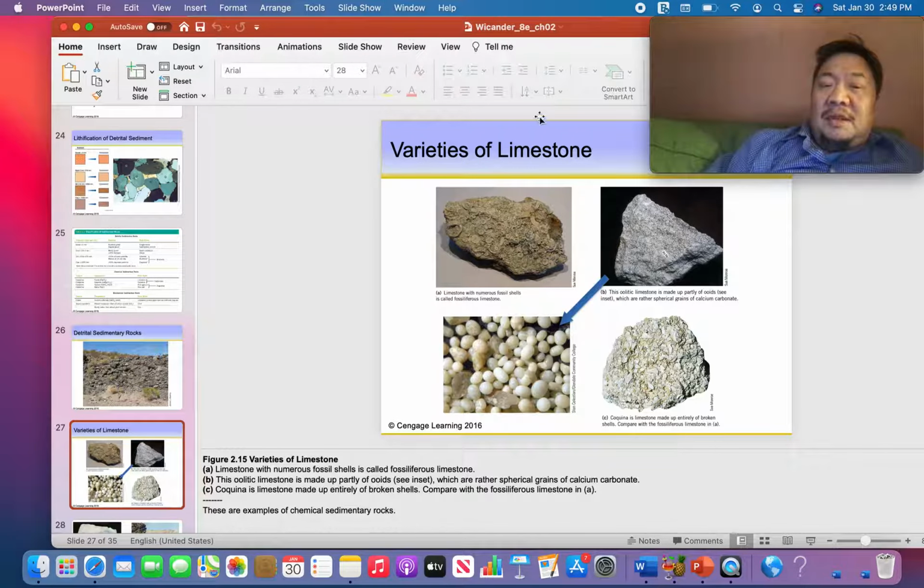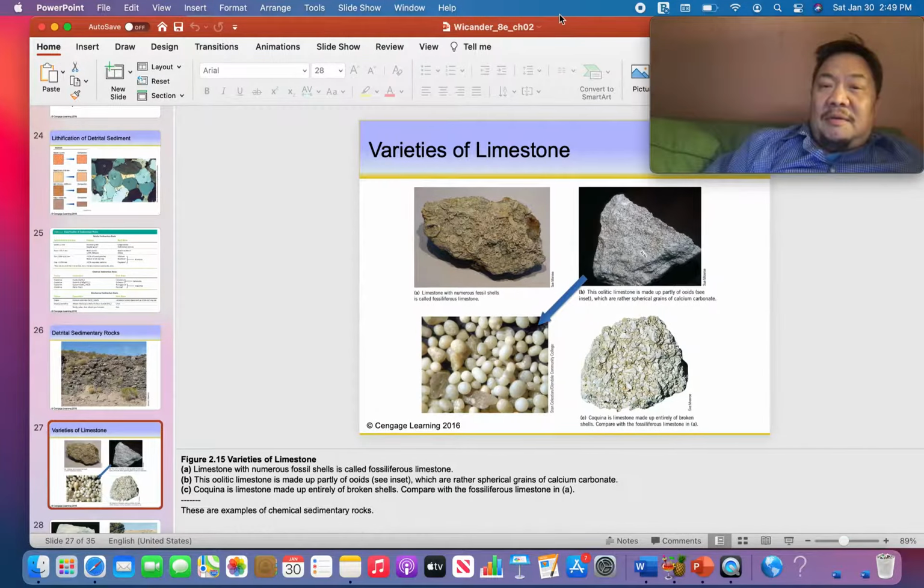But one thing that you can use when you get your rocks for the lab quiz is limestones will always react to acid. Why? Because they contain the mineral calcite. And so if a rock has calcite in it, it will react strongly to acid.